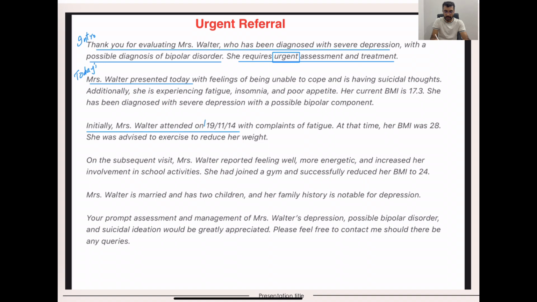You can see this visit was on 19/11/14. This is the first visit. Then on the subsequent visit, Mrs. Walter reported feeling well, more energetic, and increased her involvement in school activities. Okay, so this is the subsequent next visit.